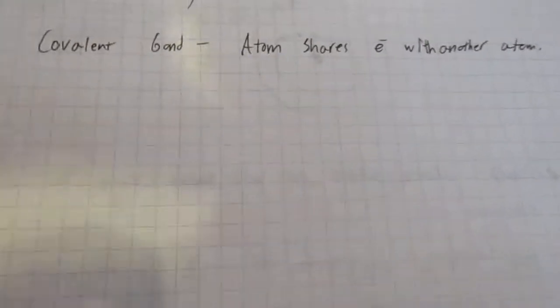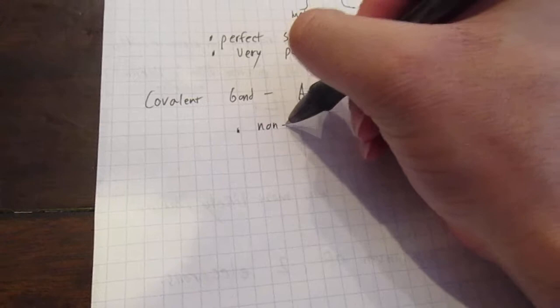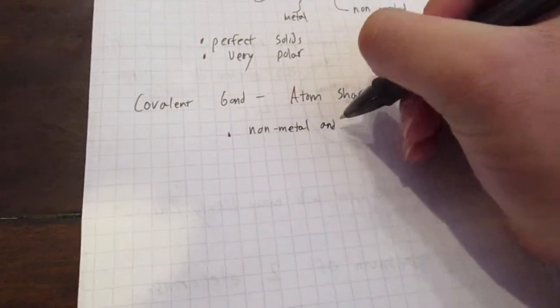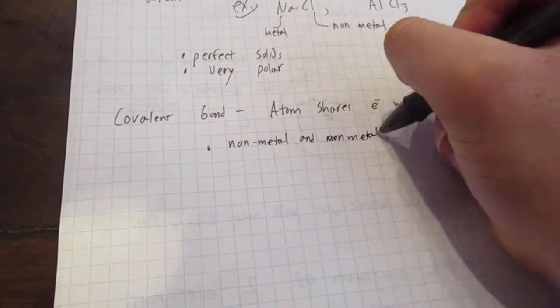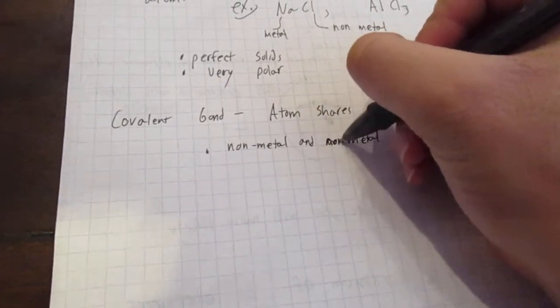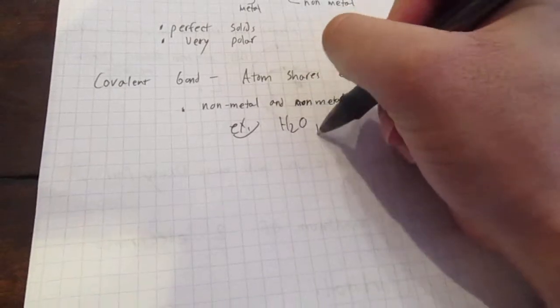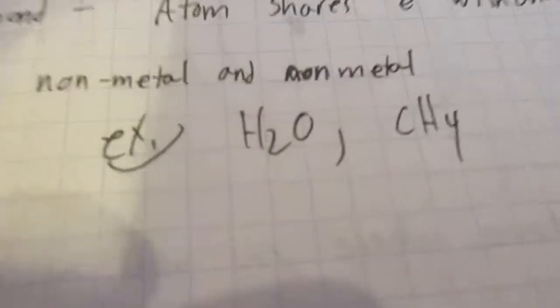It usually happens if the species that interact in covalent bonds are a non-metal and a non-metal. For example, water, H2O, or CH4, methane, are examples of covalent bonds.